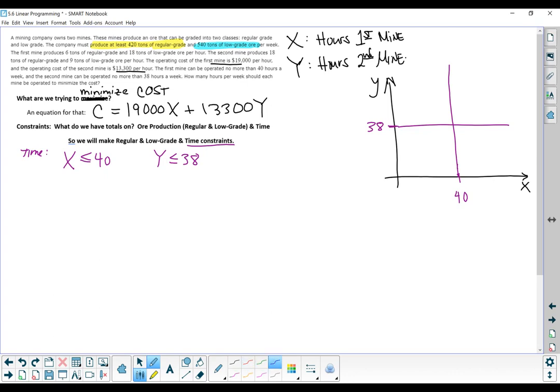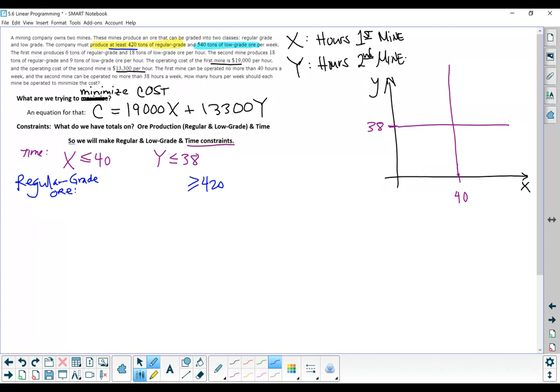Okay, so now let's do our regular grade ore. For regular grade ore, we need to produce at least 420 tons. So I'm going to set up my equation, and it's got to be greater than or equal to 420.